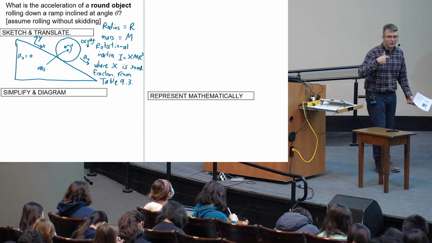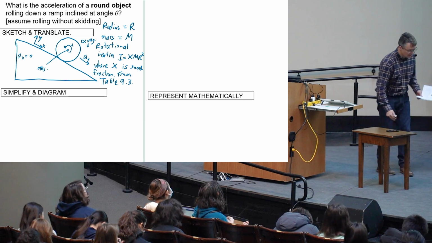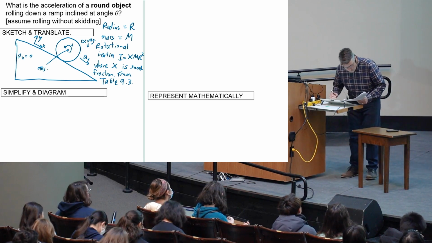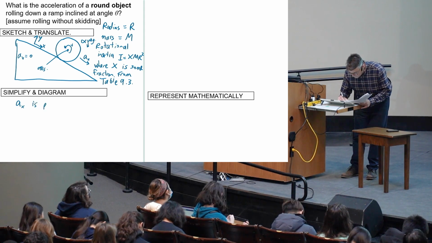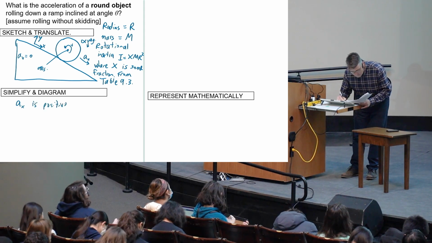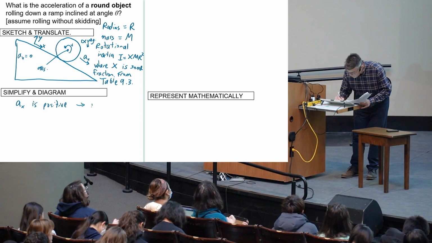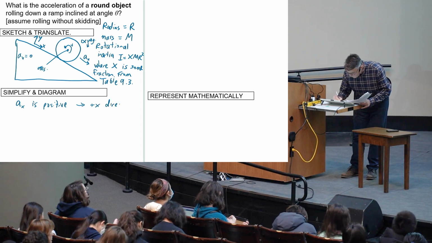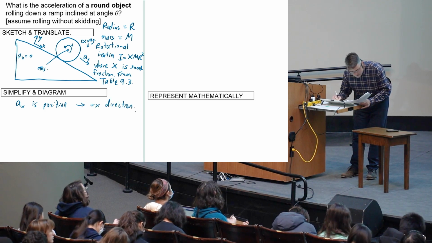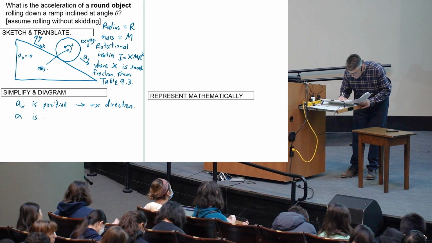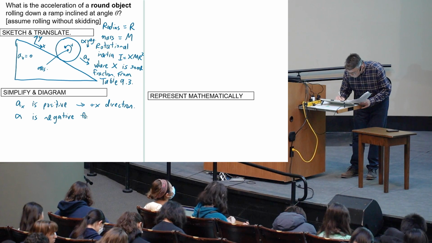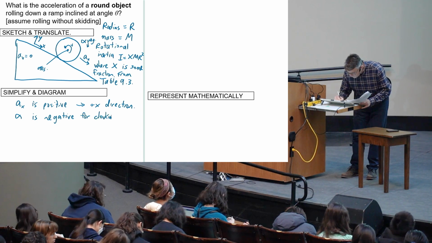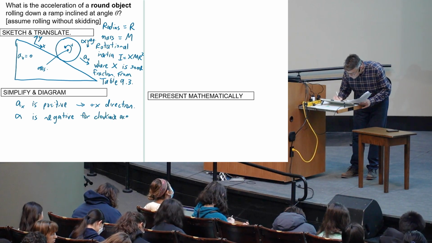Unfortunately, the way I've drawn this thing, the whole thing has to rotate clockwise to accelerate down the hill, but that's okay. So basically, a_x is positive, because it's rolling in the plus x direction. That's why we tilted our axes. And alpha is negative, so that's okay, for clockwise rotational acceleration.